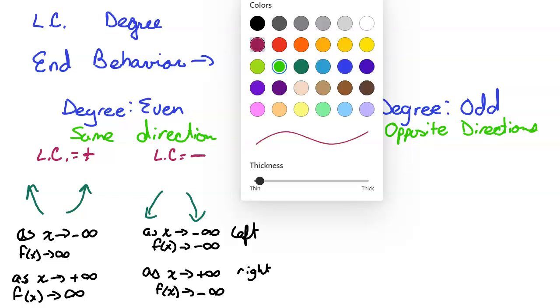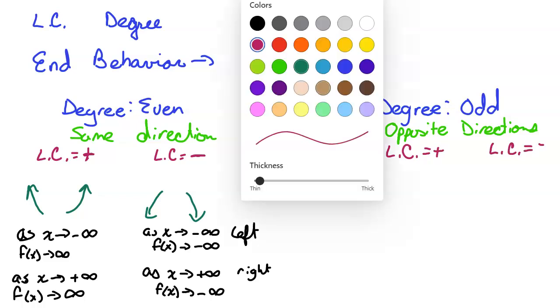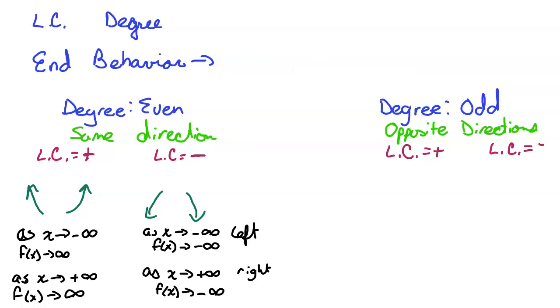And again, our leading coefficient is going to tell us what is happening on the right side of our graph. So if I think about the right side of my graph, it's going to be going up if my leading coefficient is positive. If my leading coefficient is negative, it's going to be going down.